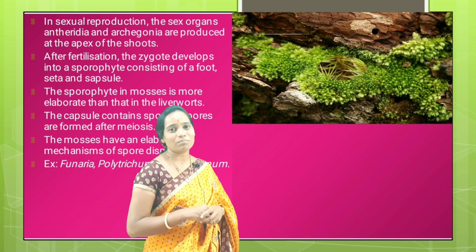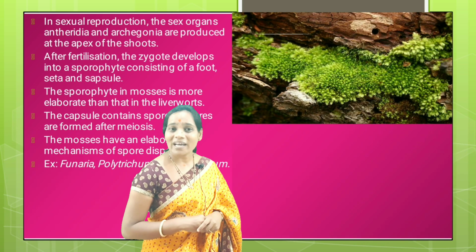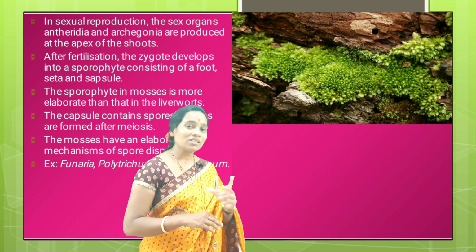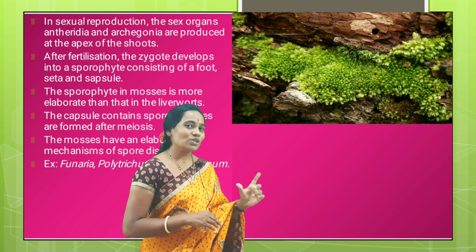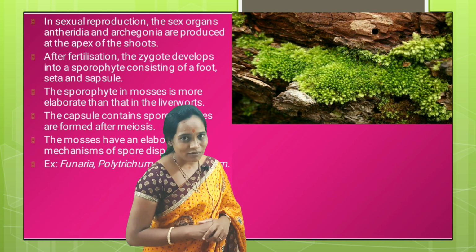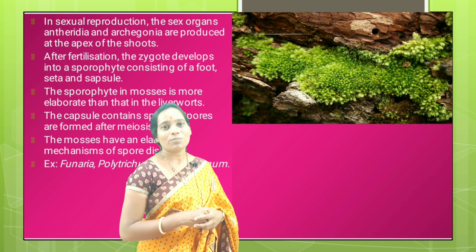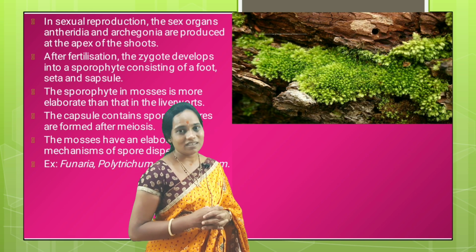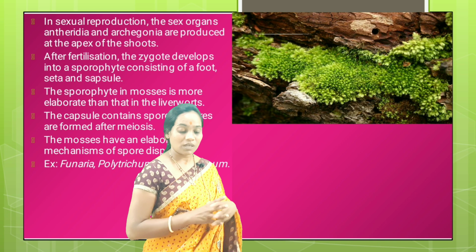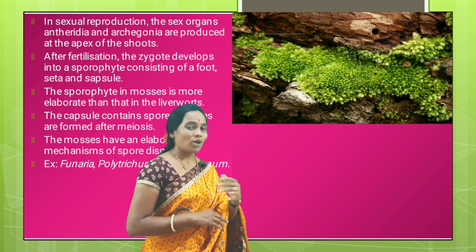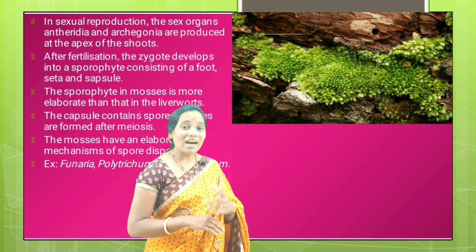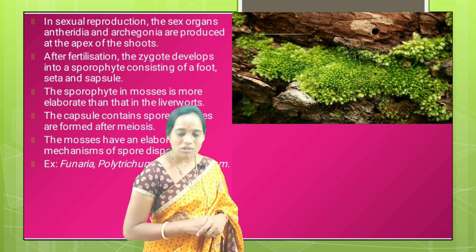The third example for moss is Sphagnum, which is economically highly valuable for the production of peat, where it is used commercially either as a fuel or for transshipment or transportation of living materials. Funaria, Polytrichum and Sphagnum are the examples for mosses.